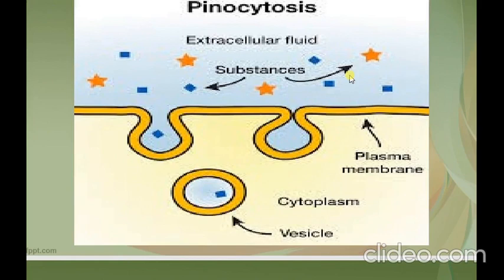So as we can see, the plasma membrane, when the fluid is taken up by the cell, helps in the formation of the vesicle, which releases the fluid inside the cell. It is mainly characterized into three parts: fluid phase pinocytosis, absorptive or receptor mediated pinocytosis, and absorptive non receptor mediated pinocytosis.